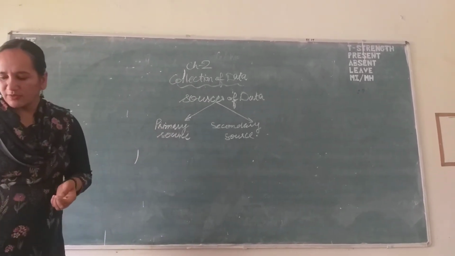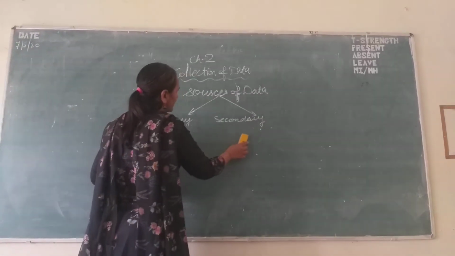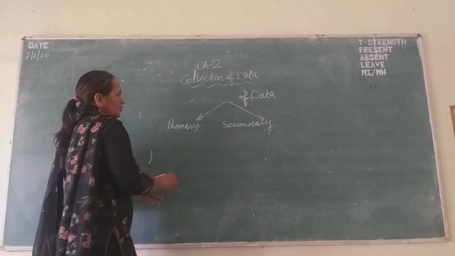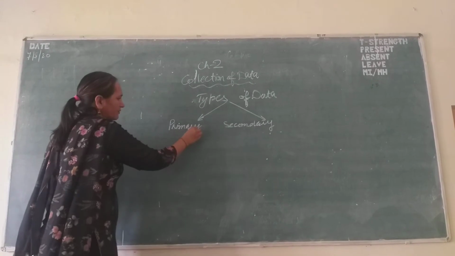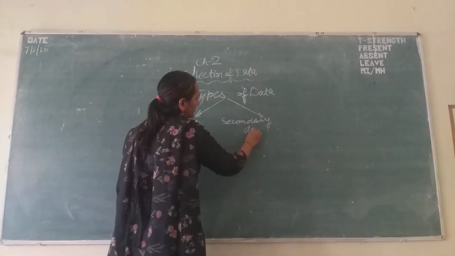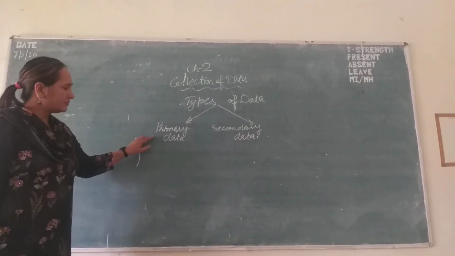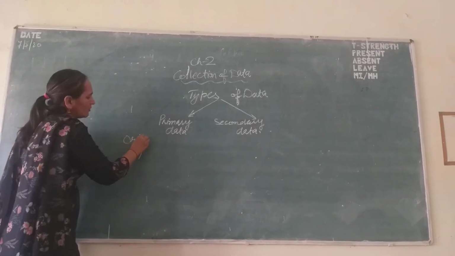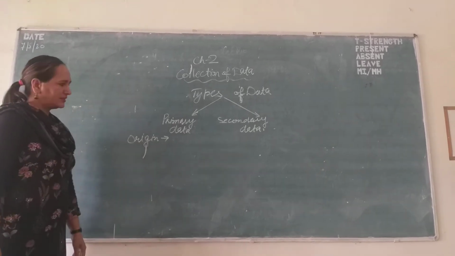On the basis of these two sources, there are two types of data. One is primary data and second is secondary data. When the data is collected by the investigator from its source of origin, that is called primary data.